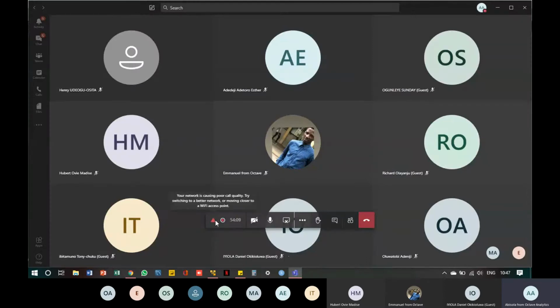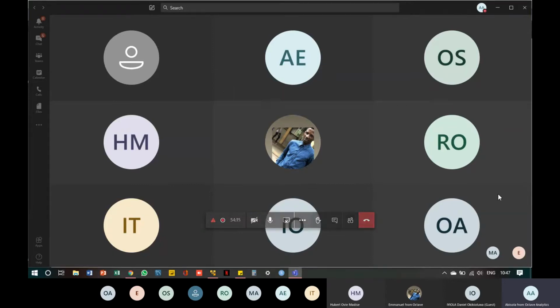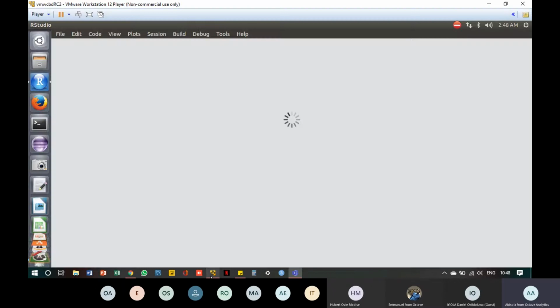So we're using my network. It's going to be back now. Just a minute. We are using our virtual environment. So let's open our RStudio.